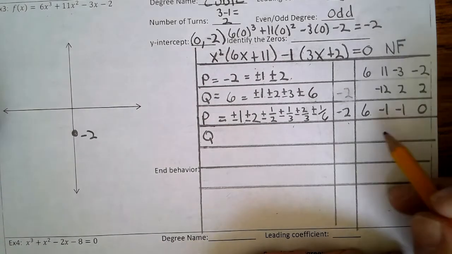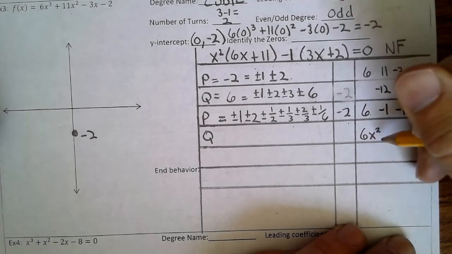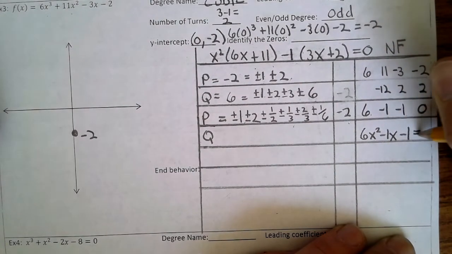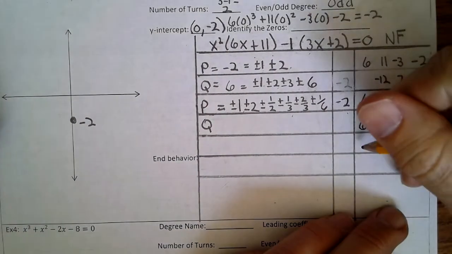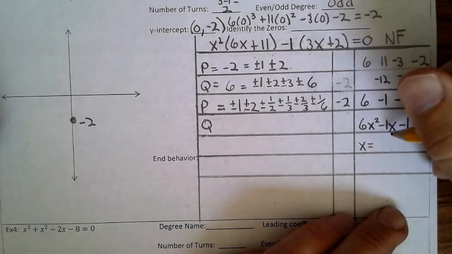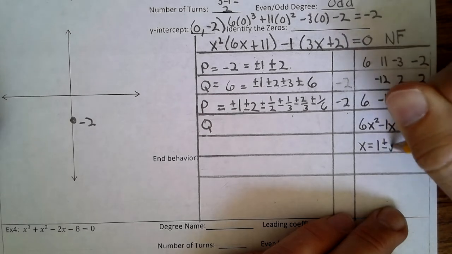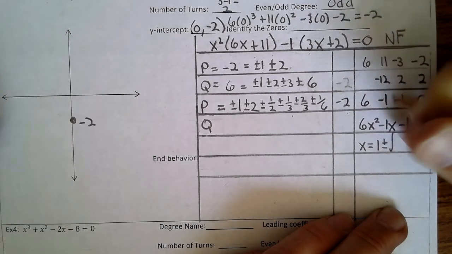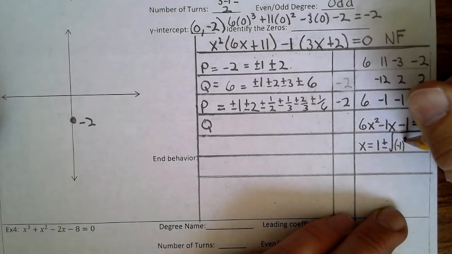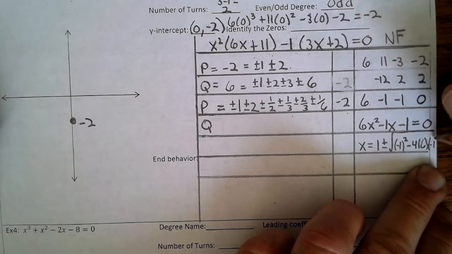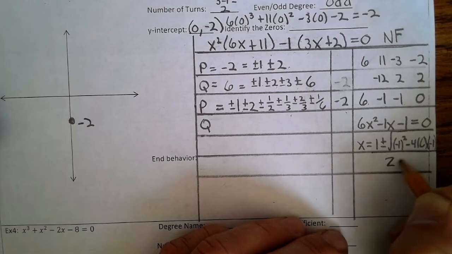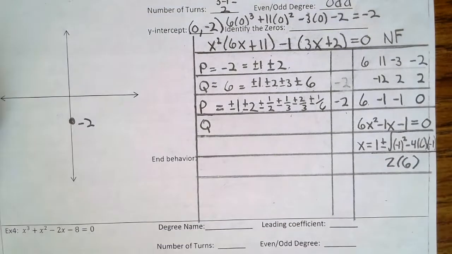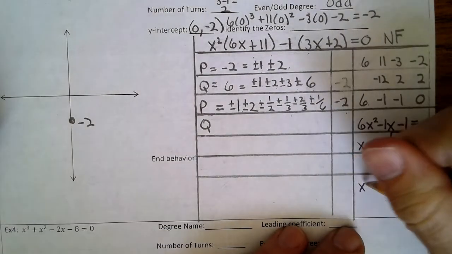Now, this is not factorable, so we're going to use the quadratic formula. So x equals negative negative 1, which is a positive 1, plus or minus the square root of negative 1 squared minus 4 times 6 times negative 1, divided by 2 times 6. We know we should get 2 answers. Okay, so let's plug that into your calculator. So New Document, No. Add Calculator.